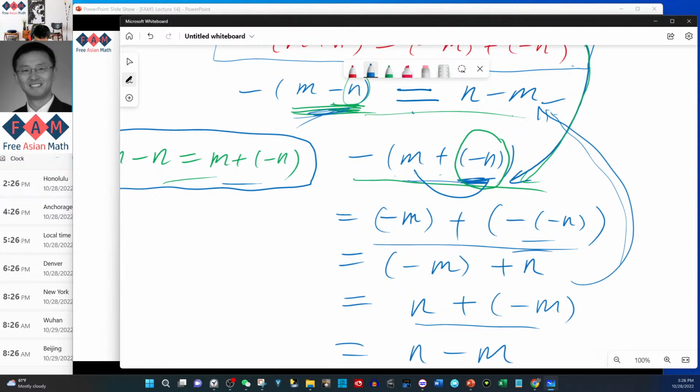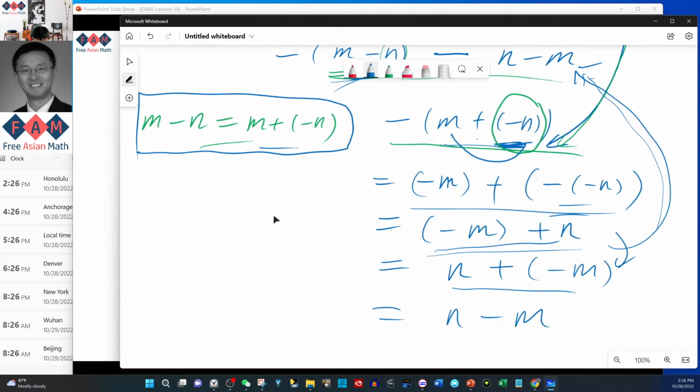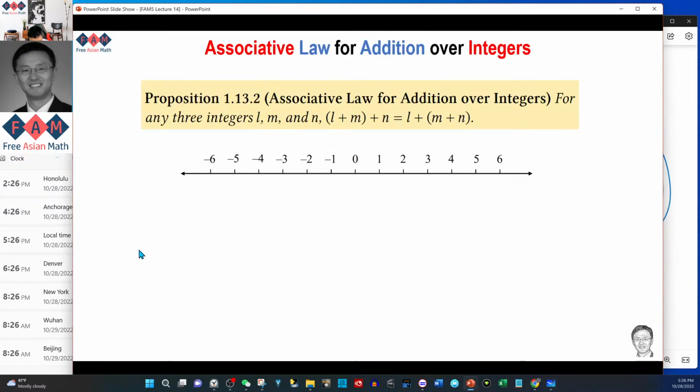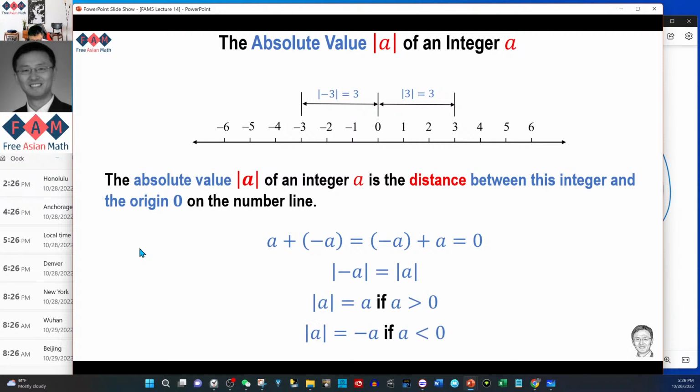But the negation of the negation of n is just n itself. Then from here to here, we use the commutative law to swap the two. And finally, we use last time's result one more time to get this as m minus n.